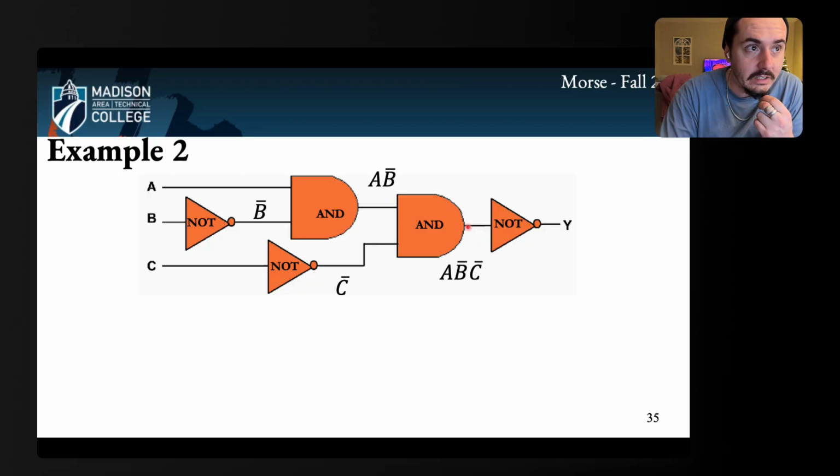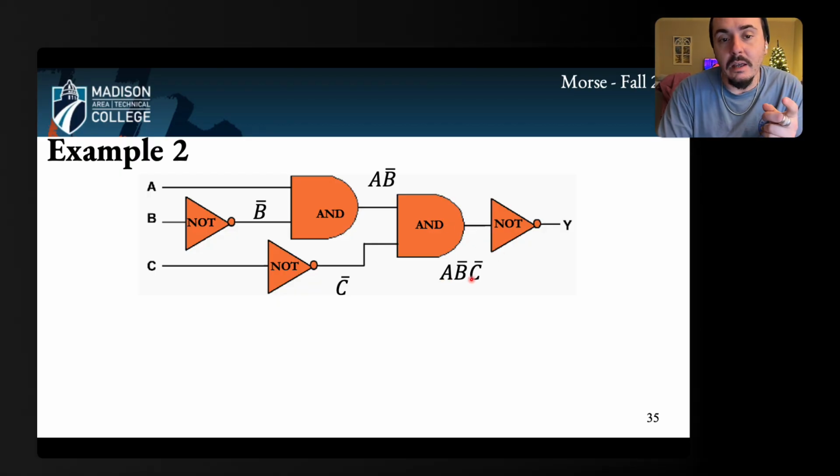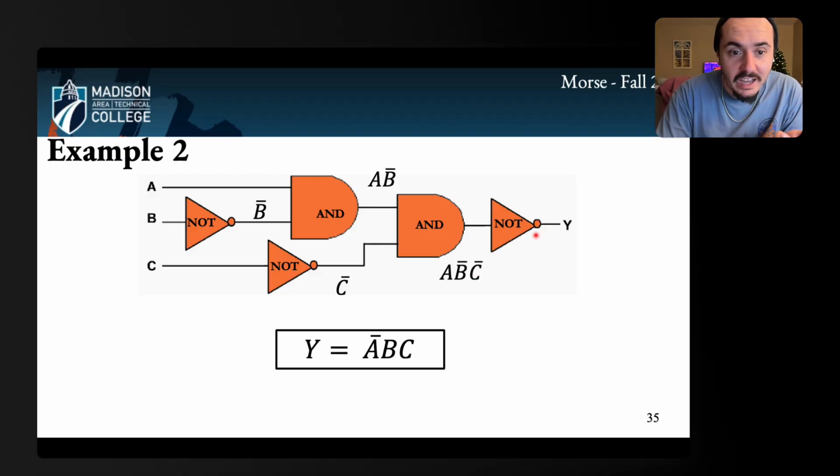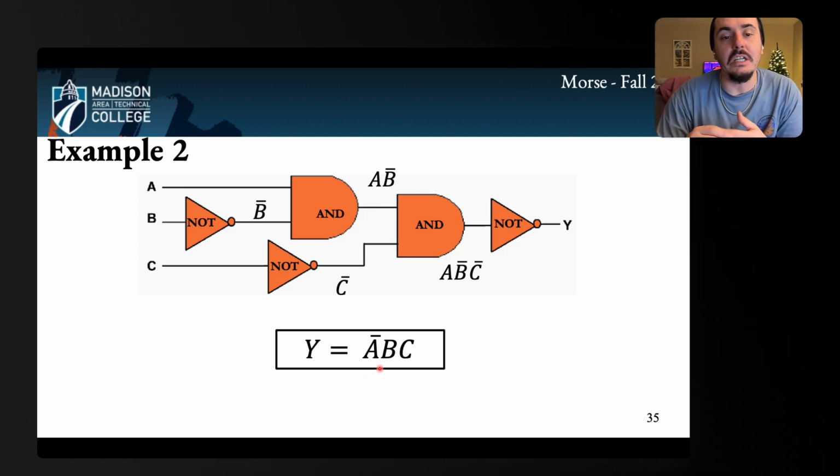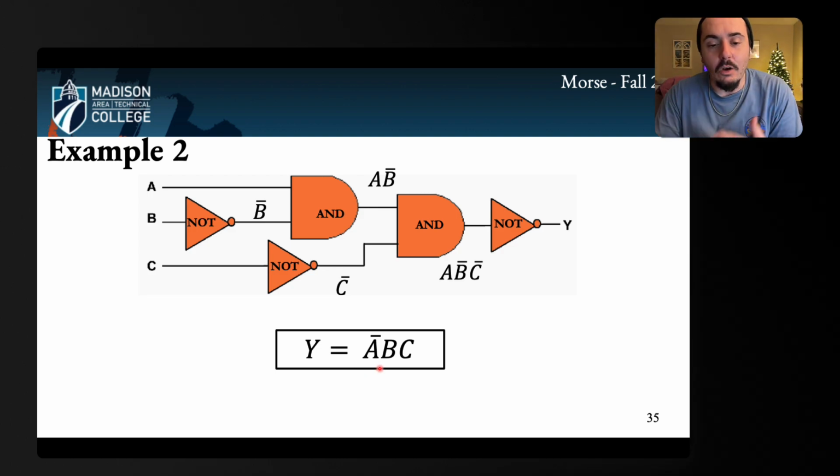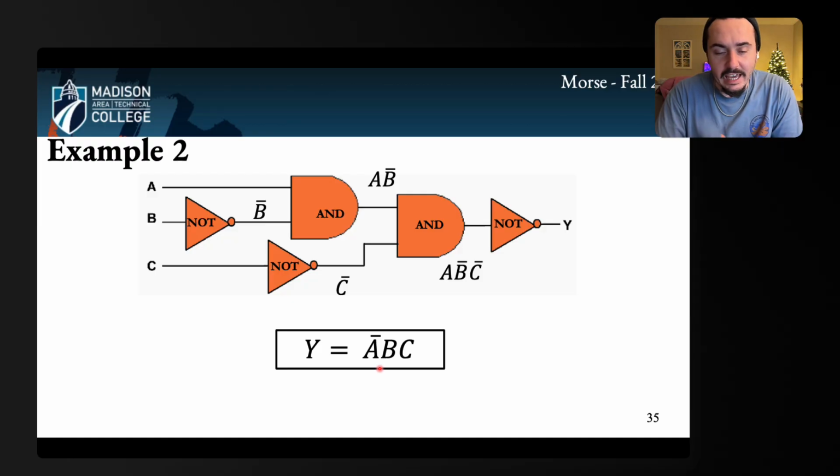So the quantity flowing out of this AND and into this NOT is A times B bar times C bar. That goes into a NOT gate, which inverts it. So the final quantity that we get out of this is A bar times B times C. So I get an output of 1 if A is 0, B is 1, and C is 1.